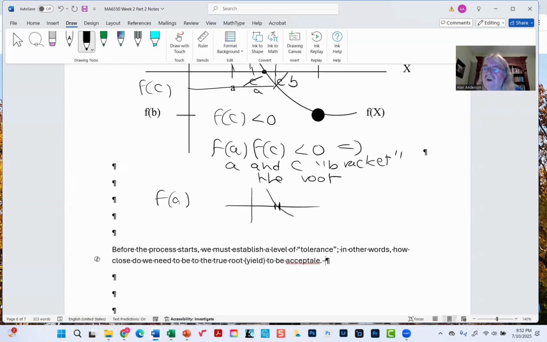Because otherwise, this will go on forever, literally forever. So if you decided that you need to know the yield within 0.0001, well, that's fine. It'll stop when you've gotten closer than that. So of course, the lower the tolerance that is needed, the longer this process will take.